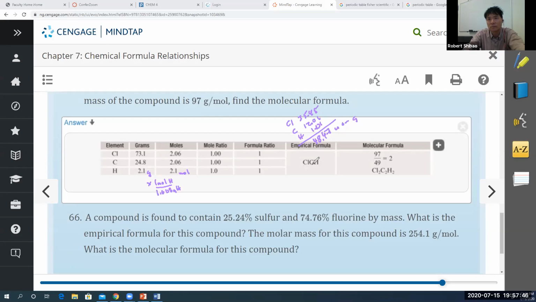I don't know if this is the molecule yet, but when we look at the actual mass, 97, it's double this. We can see that here: 97 divided by 48.5 gives us about 2. And so we can double everything: 2 chlorines, 2 carbons, 2 hydrogens. Similar to the last problem, where it was double. It could be triple, or it could be quadruple. That happens too, but in these particular examples, it was just double. Okay, let's move on here.